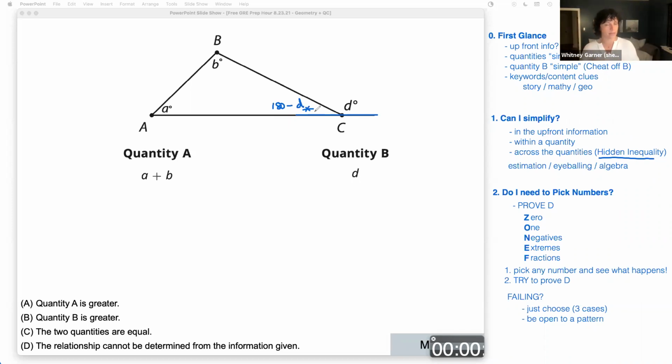Now, I will say this. For just a moment, because this is a known rule, let's call this little angle X. So what do I know? I know that X degrees plus D degrees is equal to 180. I also know that X degrees plus A degrees plus B degrees is also 180.